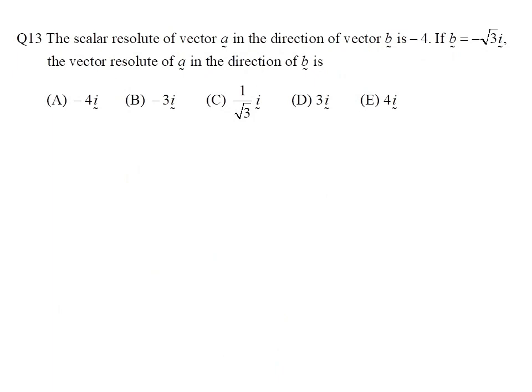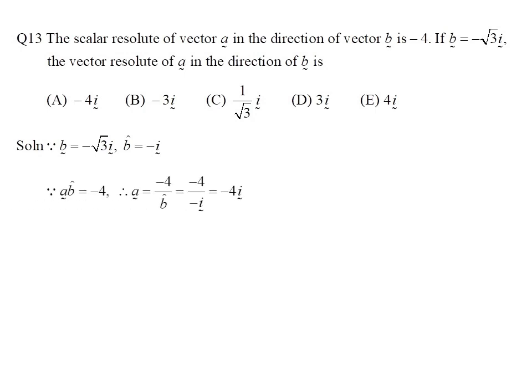In question 13, the scalar resolute of vector A in the direction of vector B is -4. The question is to find the vector resolute of A in the direction of B, given that vector B equals negative square root 3 i. Since vector B equals negative square root 3 i, its unit vector B hat equals -i.